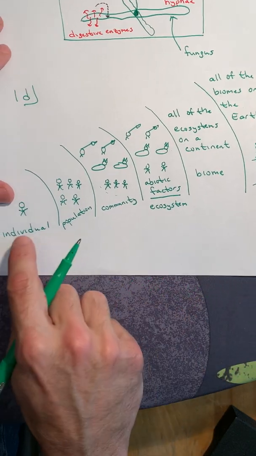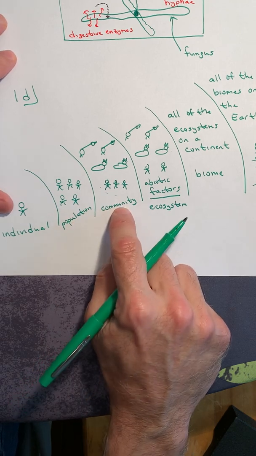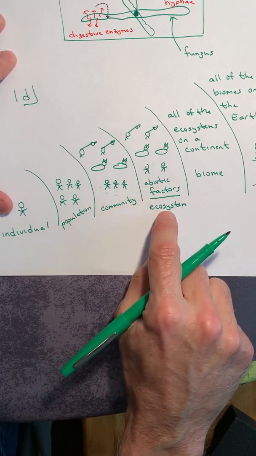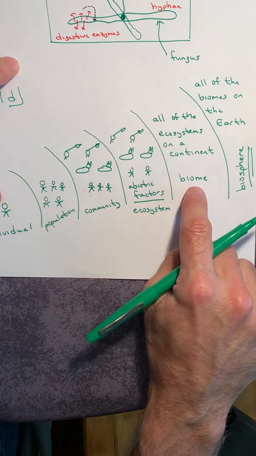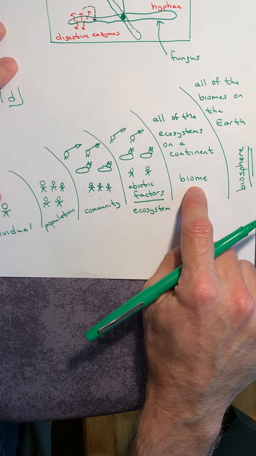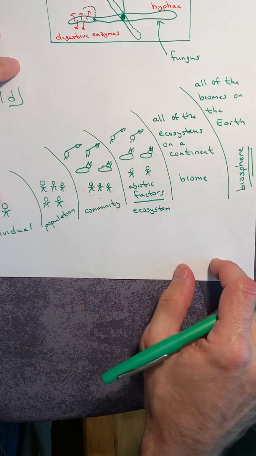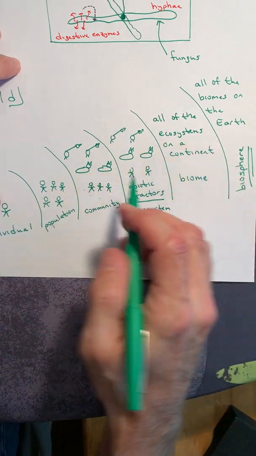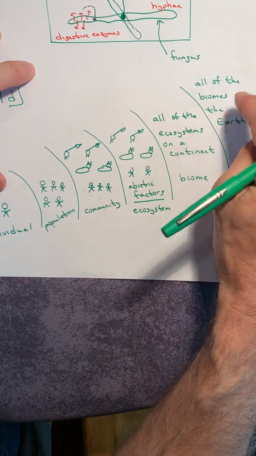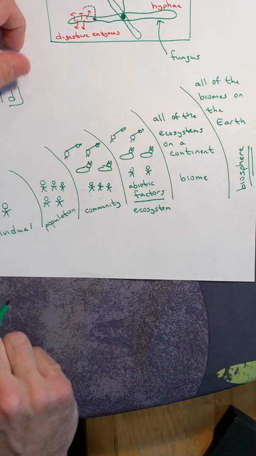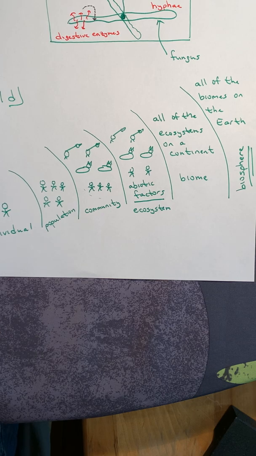So, individuals compose populations, populations are in communities, communities plus the abiotic factors are the ecosystem, all of the ecosystems on the continent is the biome, and all of the biomes on the earth is the biosphere. So you should be able to draw this and discuss it, either going from part to whole or explaining it going whole to part. You need to be able to go both ways. So that takes care of question 1D, and that is all of topic 1.